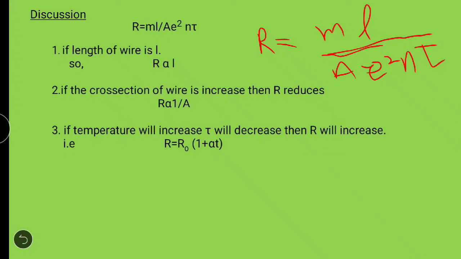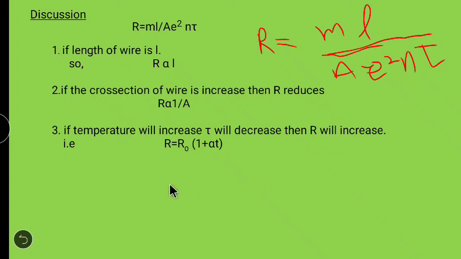When tau decreases, R increases. And how will tau decrease? When you will increase the temperature. So in this way we can say R is directly proportional to the temperature. When you will increase the temperature of the wire, then the resistance of the wire will also increase.